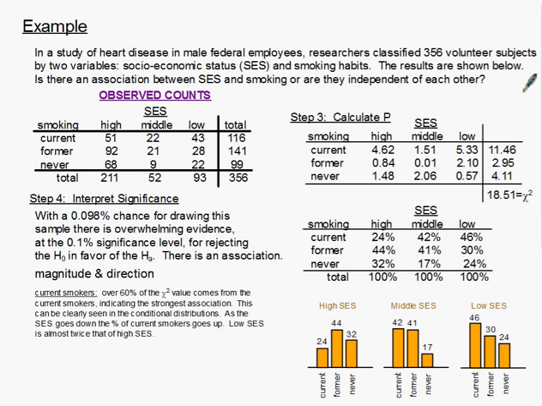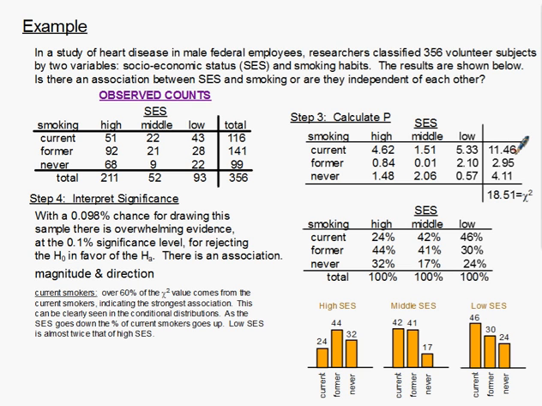Let's talk about current smokers. And notice that up here, I got the components for current, former, and never smokers of our chi-squared, because as before, we talk about components of chi-squared and our observed data, which in this case we're looking at in terms of conditional distributions. So over 60% of the chi-squared value comes from current smokers.